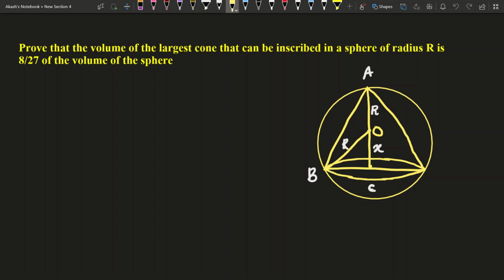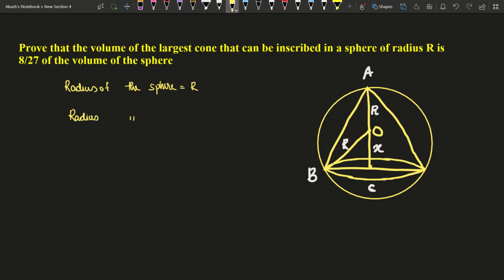When you consider this, the radius of the sphere is equal to r, and the center of the sphere is at O. Now consider this particular cone. The base of the cone is a circle, and that circle has a radius.